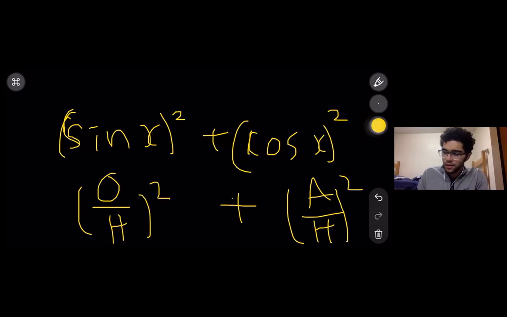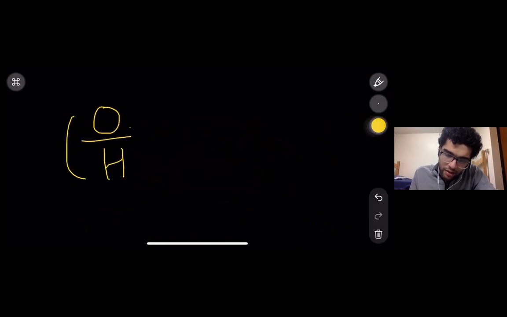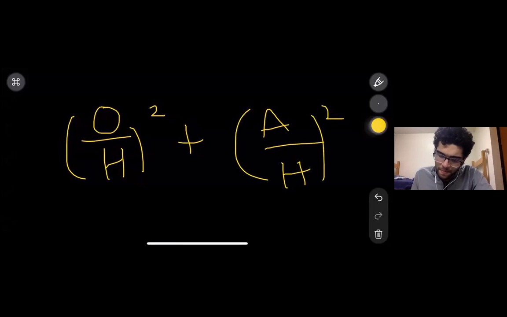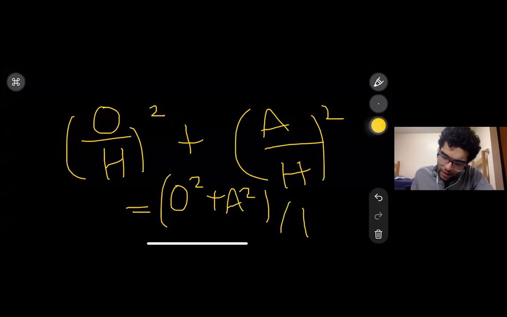Right? We don't care what angle x is or which triangle. This thing should hold true just because of definition. Now, let's see what it is to add these two things. Just using simple algebra, we're just adding these two fractions, right? So this is o squared plus a squared whole thing divided by h squared.